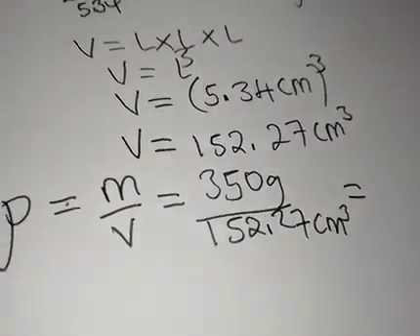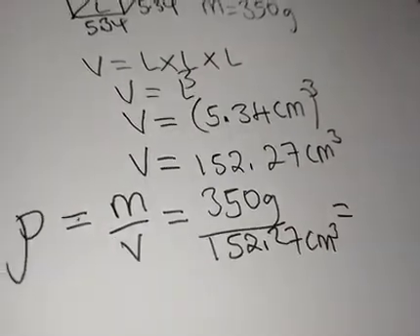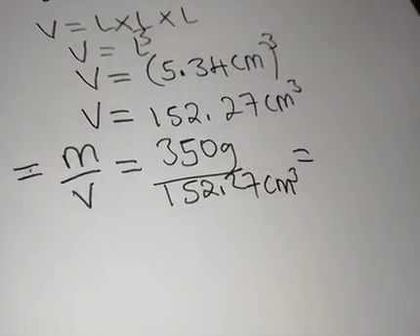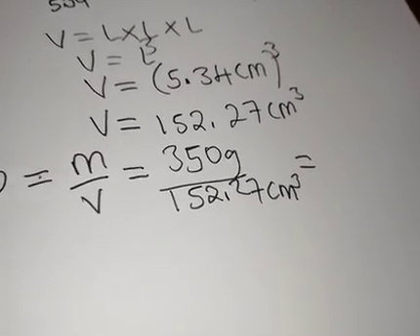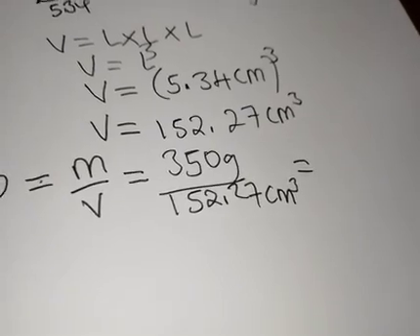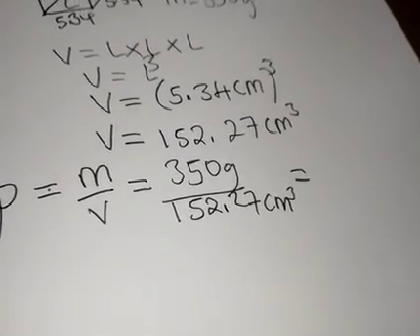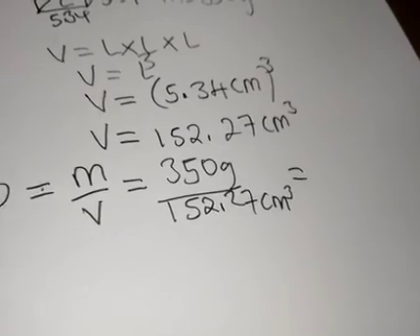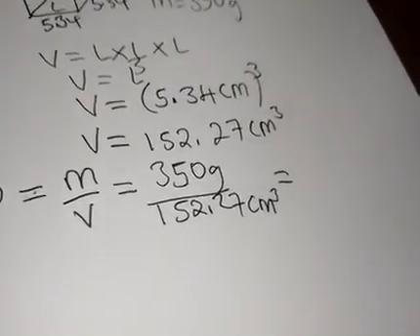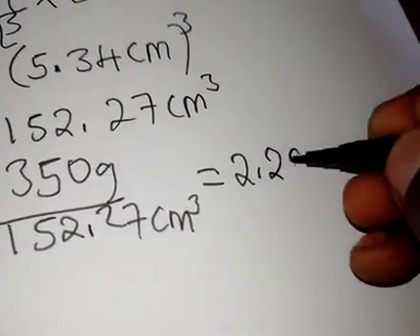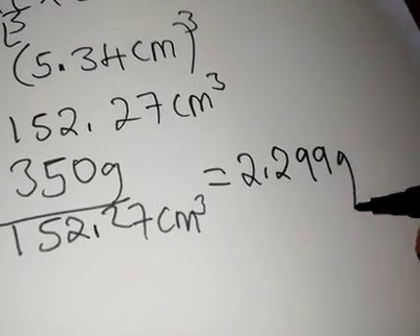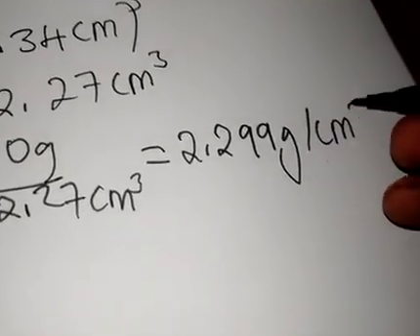So this will be equal to what? Let me just punch that on a calculator. So I have 350 divided by 152.27. So I'm getting 2.299 grams per cubic centimeter.